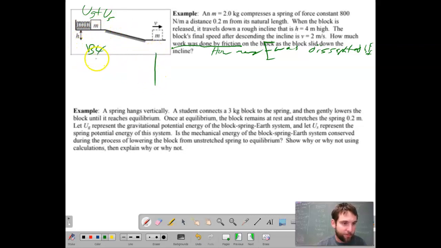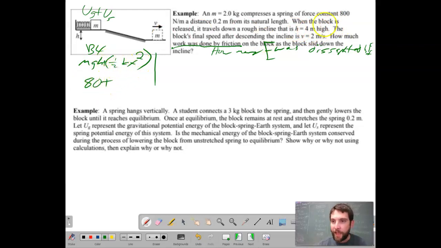Call this before. We've got mgh plus 1/2 kx squared. M is 2 kilograms. G is 10, so 20 times the height, 4. 20 times 4 is 80. These two are added.